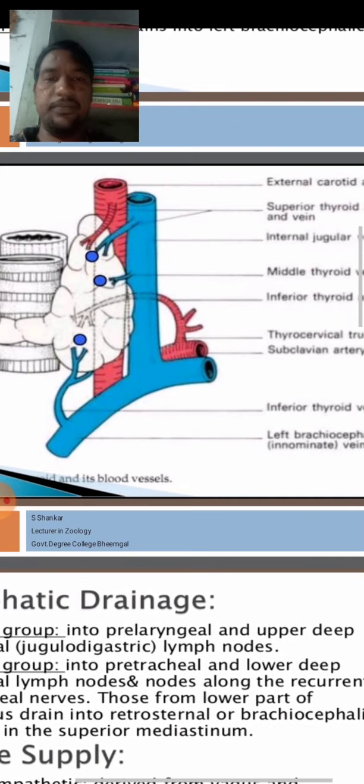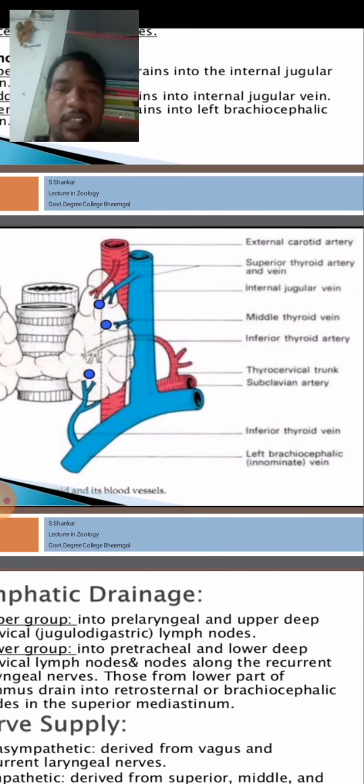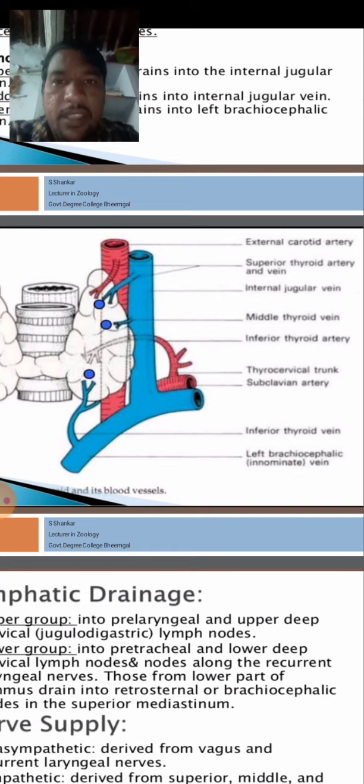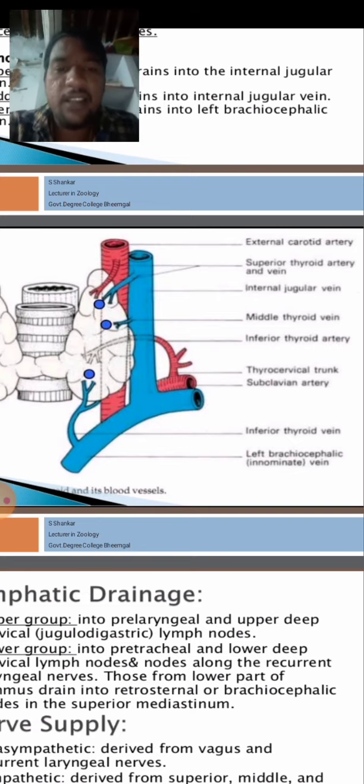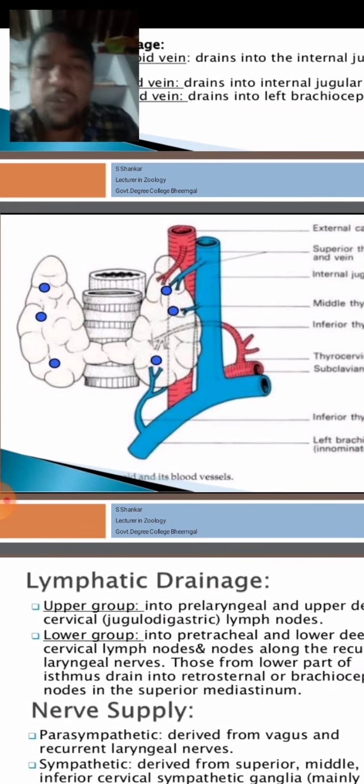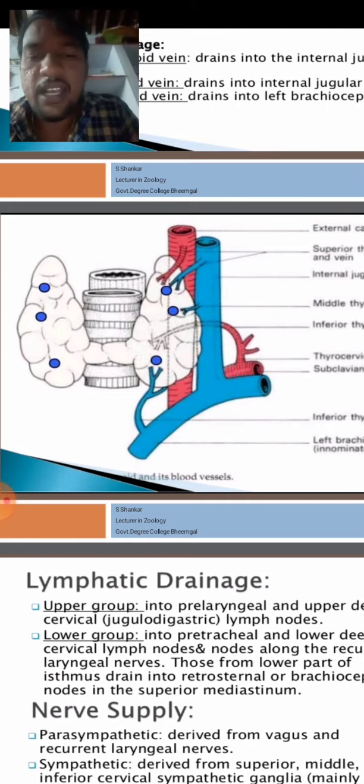This is the thyroid gland with two lobes, right and left, and the isthmus in the middle part.